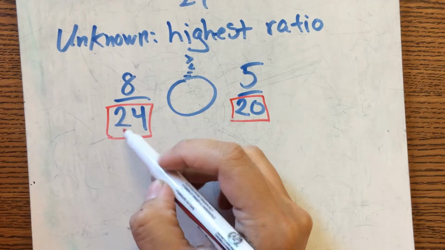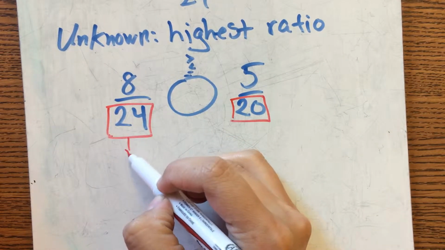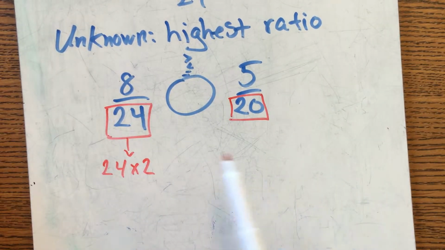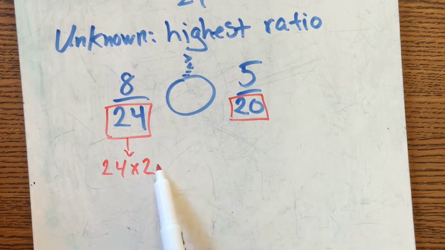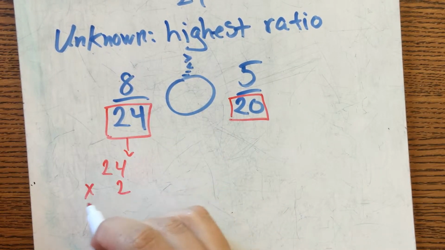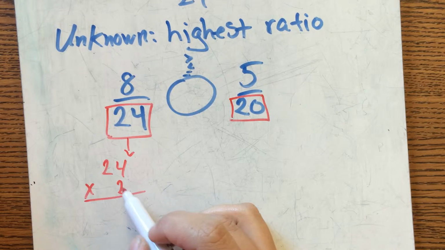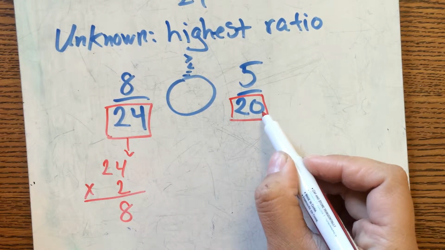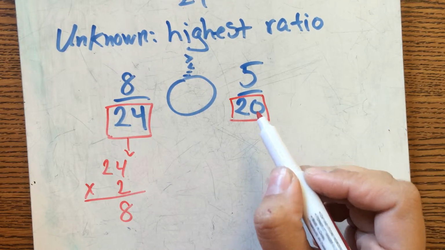Here's how we do that. We're going to try 24 times 2. In the ones place, here, let's do it this way. In the ones place of 24 times 2, you end up with 8. For sure, in the ones place of any multiple of 20 is not going to be an 8.